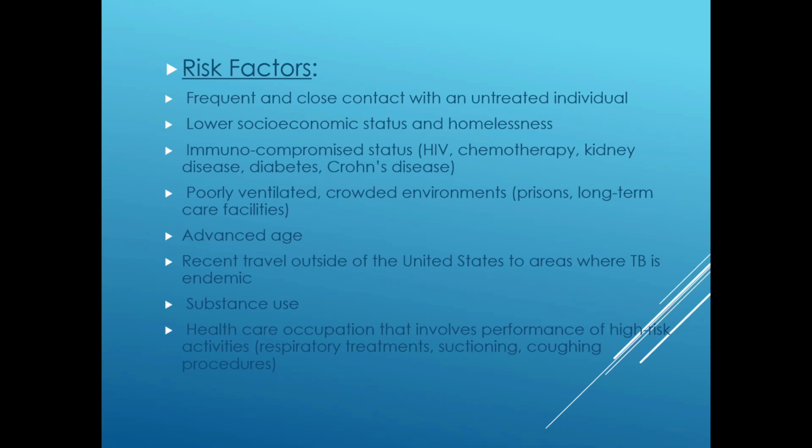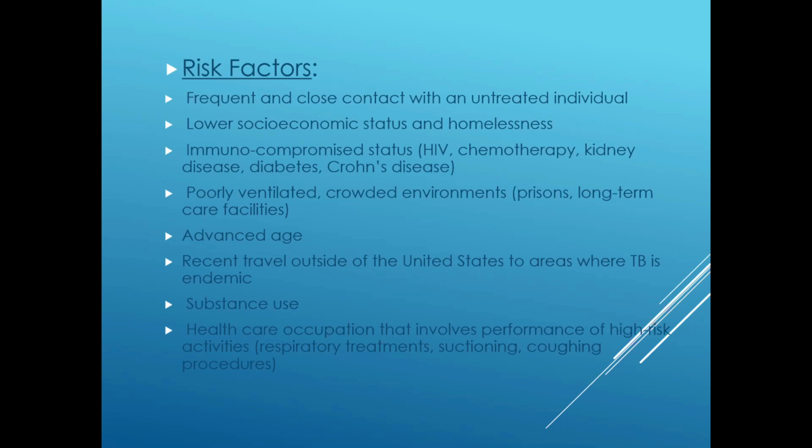Somebody getting chemotherapy, why does that make them immunocompromised? What does chemotherapy do to all your blood cells, all your tissues? That's why you lose your hair. That's why you get sick to your stomach. That's why you have difficulty breathing. Chemotherapy does not just attack the cancer cells, it attacks everything. So your red blood cells go down, your white blood cells go down, your skin cells get attacked. So this is the reason why people lose their hair.